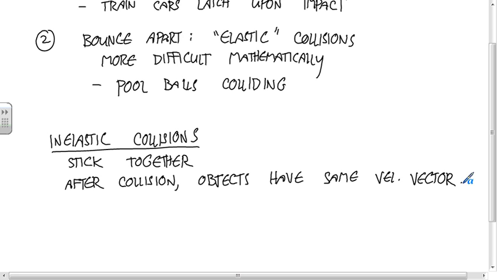So when you say after their collision that objects have the same velocity vector, you're talking about the two actual objects at the time after collision having the same velocity as each other, not saying that it's the same velocity vector as before. Right.